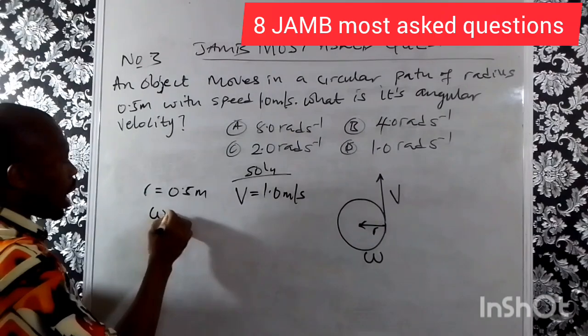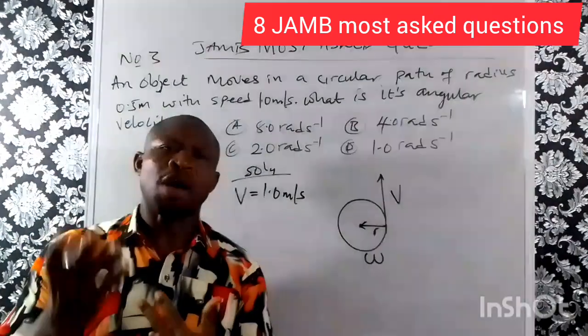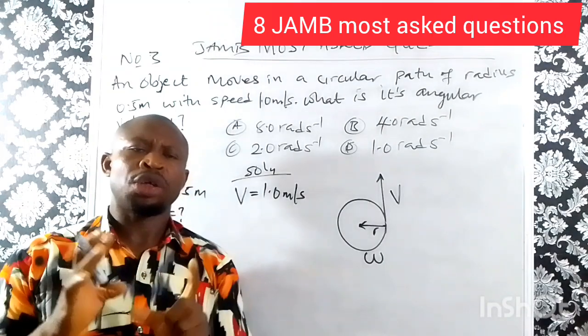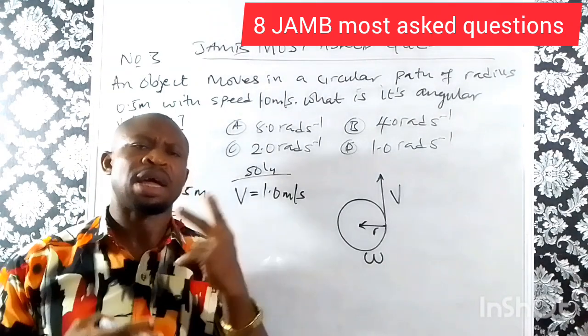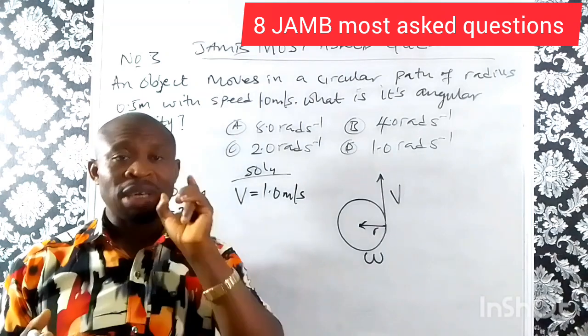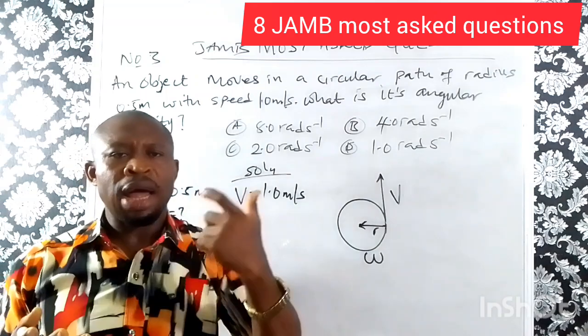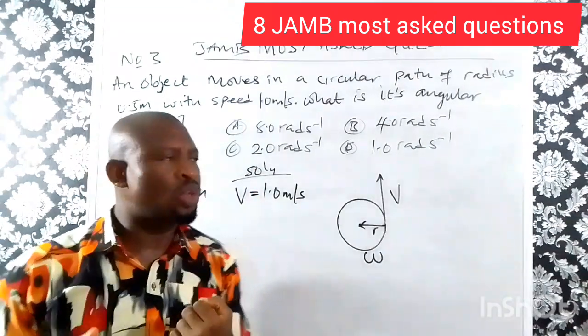So omega is unknown. And of course, there are lots of formulas we have. That reminds me, there are formulas that you need to know before you go into that exam.